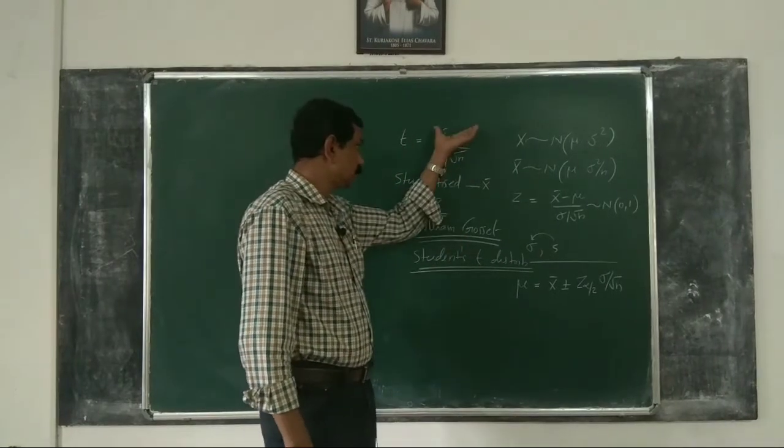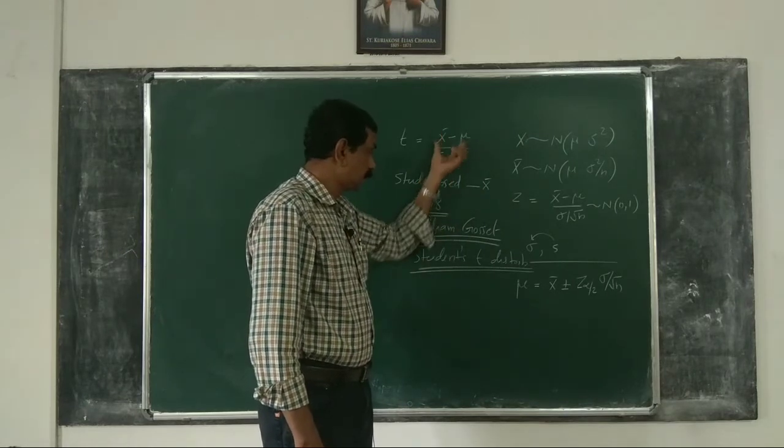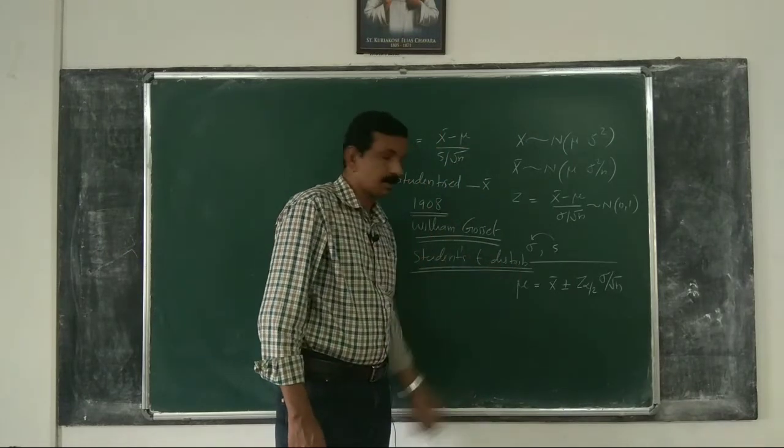So this is the studentized version of X bar. It is known as Student's T distribution.